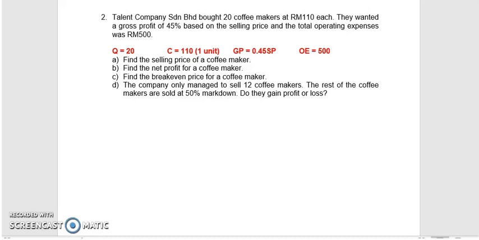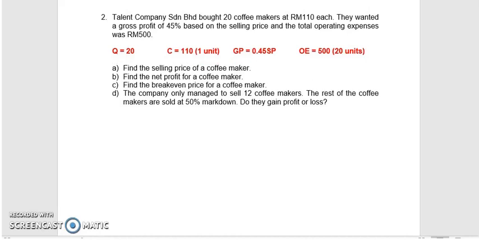So if it is said total, meaning to say that this is for 20 units. Okay, so be careful later on, the unit must be standardized if you want to calculate in the question. Okay, find the selling price of a coffee maker. So note here that of a coffee maker means that for 1 unit.